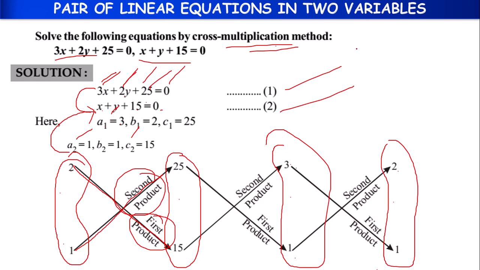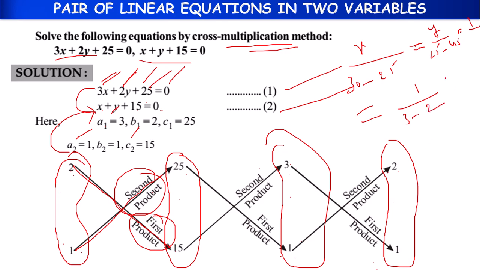So x by 2 into 15, 30, minus 1 into 25, 25, equals to. Next y by 25 into 1, 25, minus 15 into 3, 45, equals to 1 by 3 into 1, 3, minus 2 into 1, 2, which is equal to 1 by 3 minus 2 equals 1 by 1 equals 1.